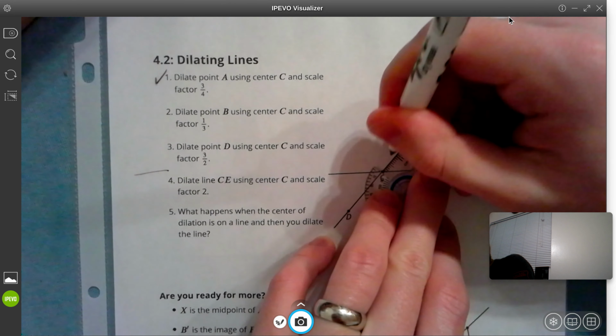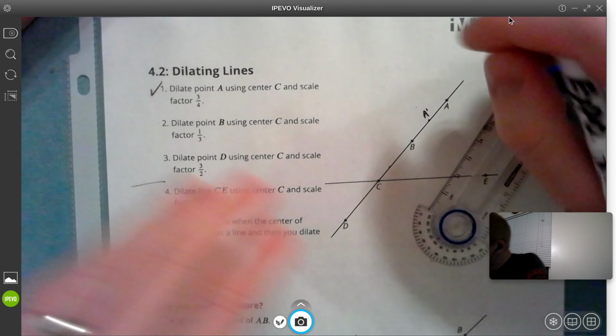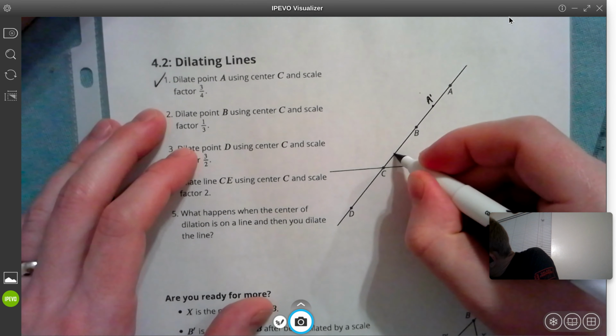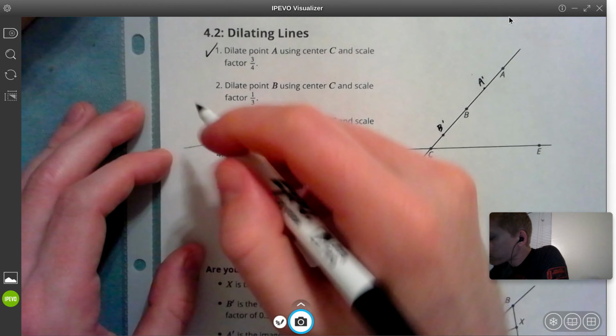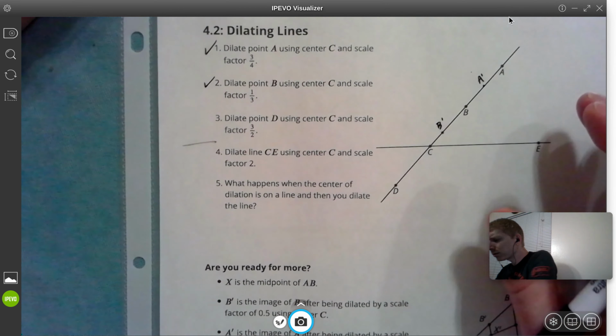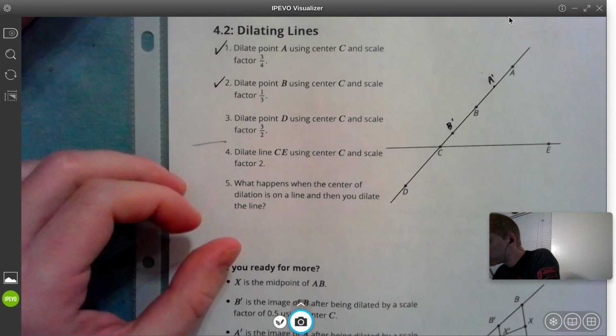So 0.8 is right there, so a little bit to the right of it. It's going to be right about there. So there's our B prime. And let's go ahead and do D now.